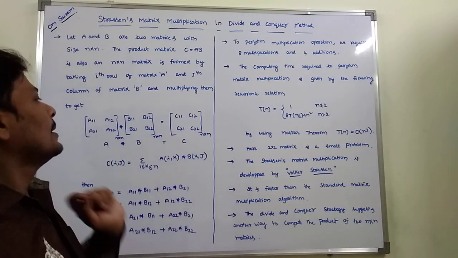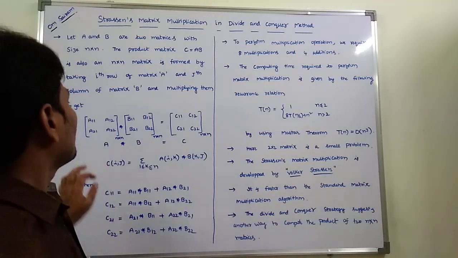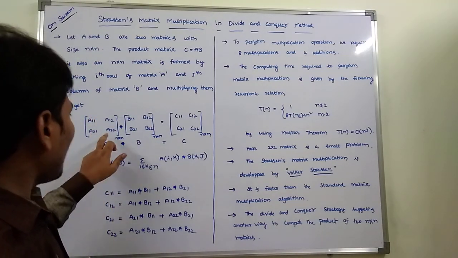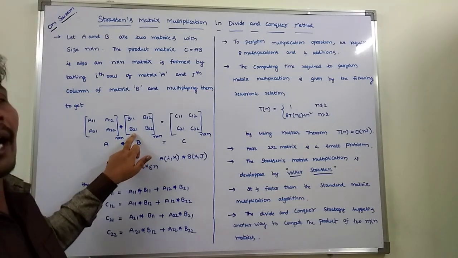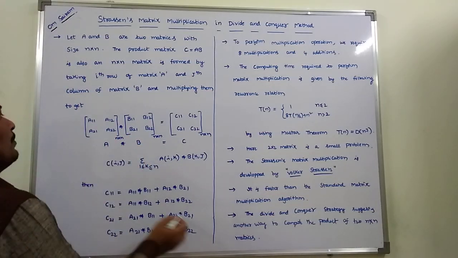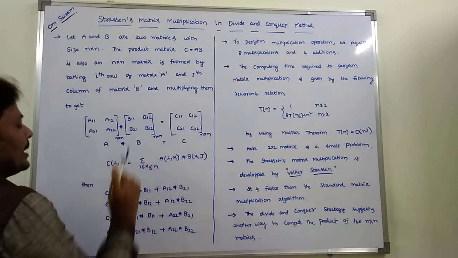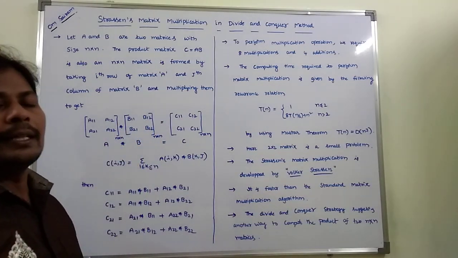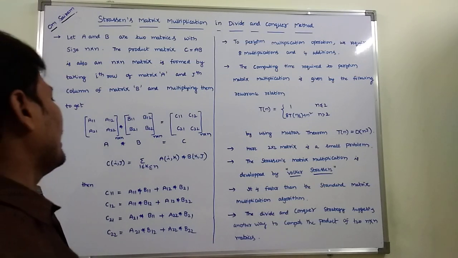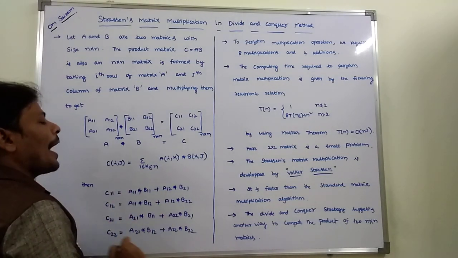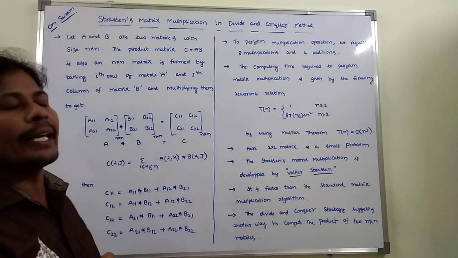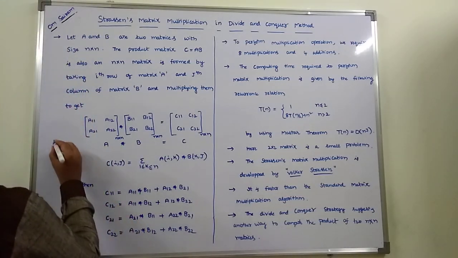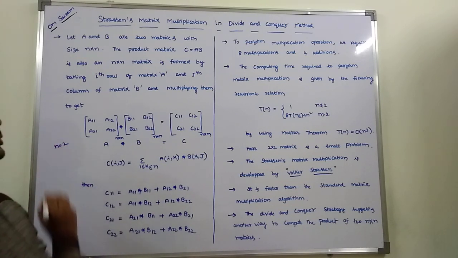How can you get C21? That is A21 multiplied with B11 plus A22 multiplied with B21. Next, A21 multiplied with B12 plus A22 multiplied with B22. In this way we find the multiplication of two matrices A and B with size n equal to 2.